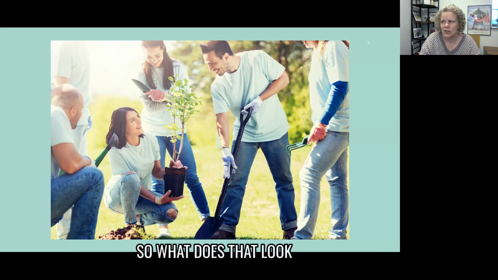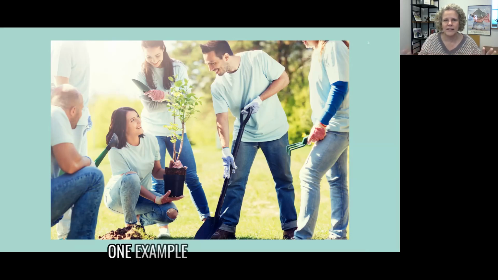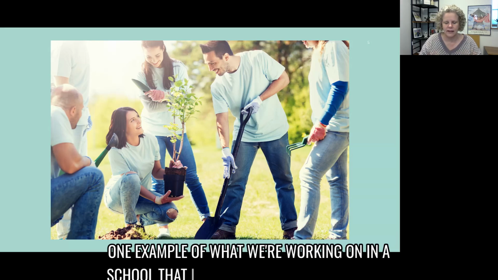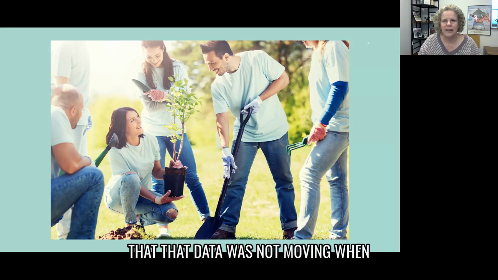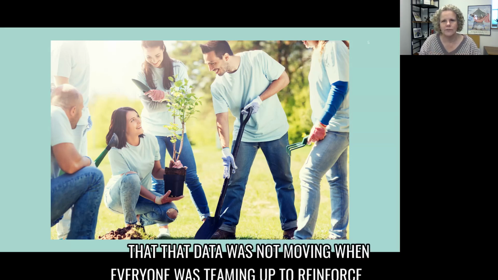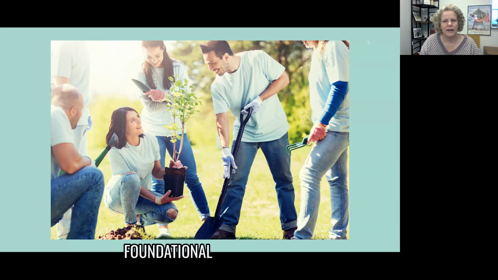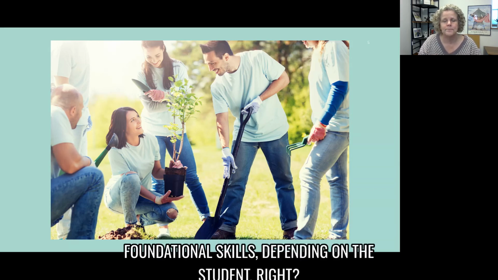So what does that look like in the classroom? That's one example of what we're working on in a school that I am working with. They found that the data was not moving when everyone was teaming up to reinforce the foundational skills, depending on the student, right?